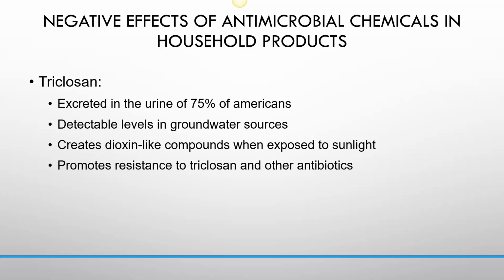And then bacteria in the environment: after water is treated in a water treatment plant, the safe water is dumped directly back into a water source, so a natural body of water. And if this is present, the bacteria in that water gets exposed to this. It creates dioxin-like compounds when exposed to light, and promotes resistance to triclosan and other antibiotics. So this is a bad thing, that we're just dumping all this stuff and it's just passing out of our bodies through our urinary system.